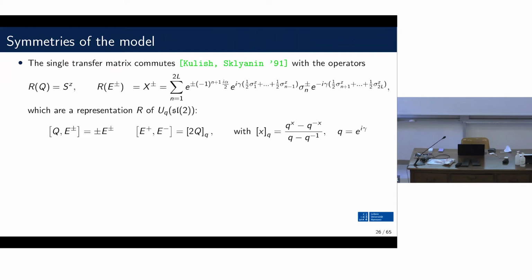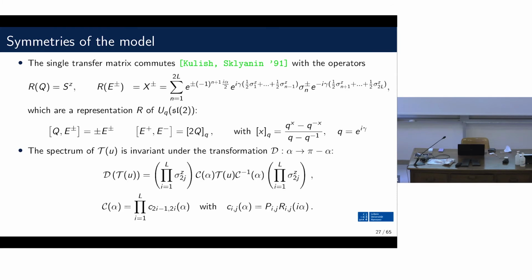And this will lead to some interesting features regarding its ground state, since we have a full algebra, so we have a spontaneous symmetry breaking, since the ground state has the same energy for all these values of this U_q(sl2) spin. Besides this symmetry, it also has a duality symmetry regarding the spectral parameter, the staggering parameter alpha.